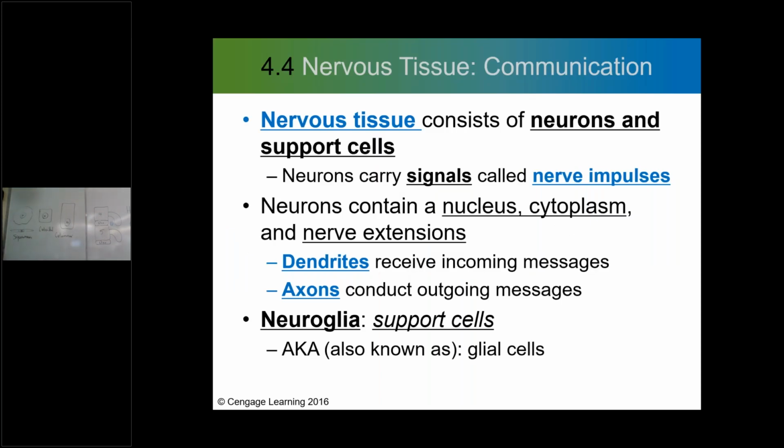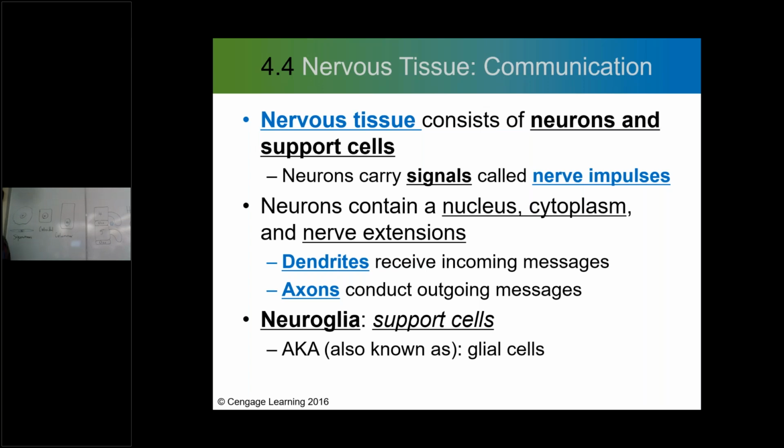Right now, moving on to nervous tissue. So when we think of the nervous system, you're thinking of the part of the body that really controls what's going on throughout the body, right? Nervous system. So nervous tissue is going to very importantly have these special type of cells called neurons.